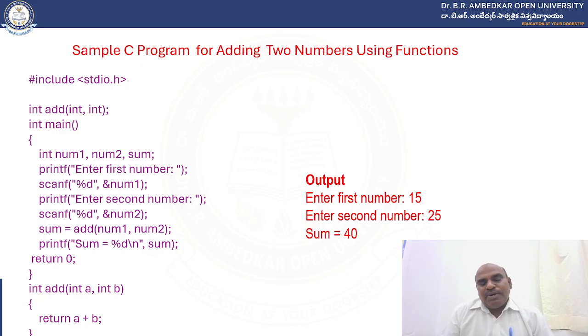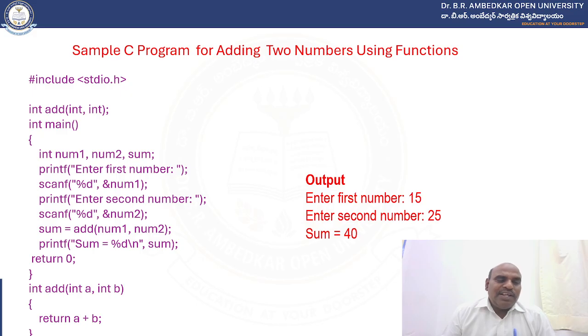Next, the second part, as I said, the function call. See here, after passing the values, that is where the function call is. In this program, we are adding two numbers. What are the two numbers? num1, that is number 1, and num2, that is number 2. To store the result, I am taking another variable, that is sum.